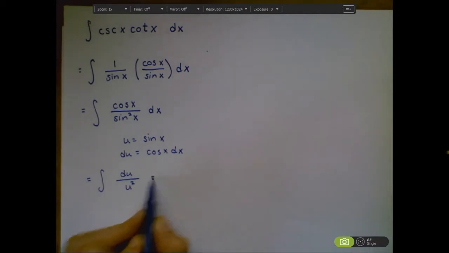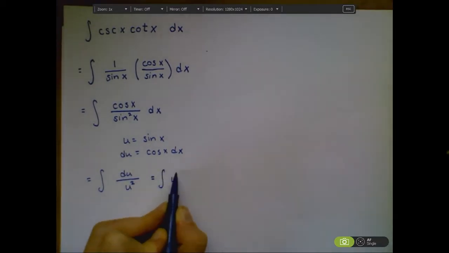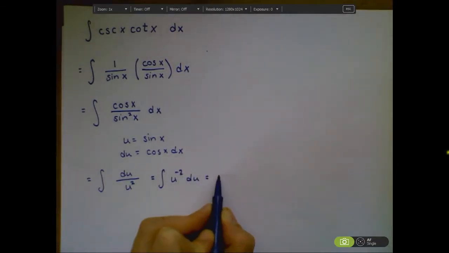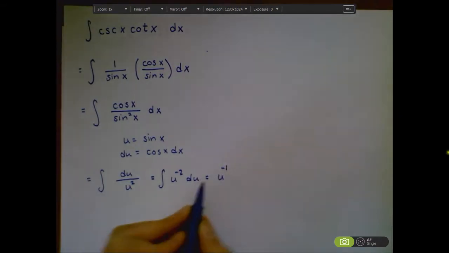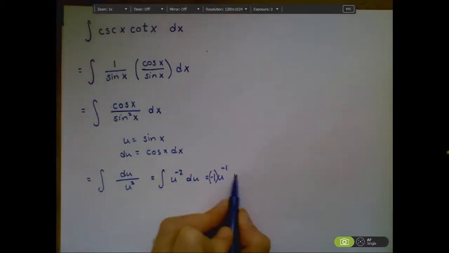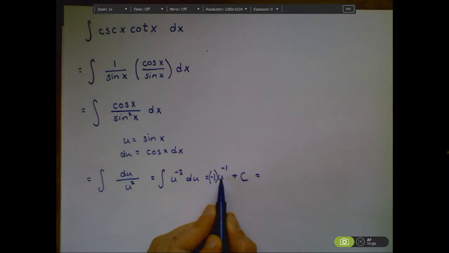And if I integrate, maybe I'll rewrite this. This is the integral of u to the negative 2 du. So this is just u to the negative 1 times the reciprocal of negative 1, which is negative 1, plus b, which is just, what was my u in this case?